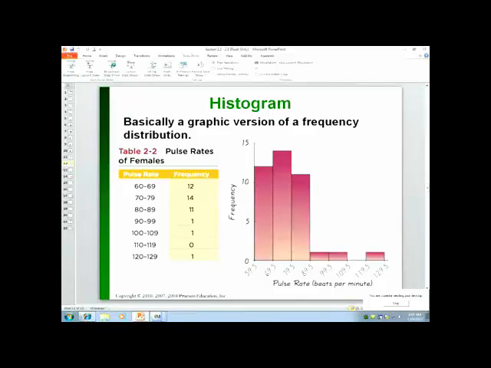If I used the lower class boundaries, if I used 60 and 70 and 80 and 90 along my horizontal axis, then into which class would the 70s fall? Would they be on this side of the fence or that side of the fence? They'd actually be right on the fence. So it makes more sense to use your class boundaries for the horizontal axis.